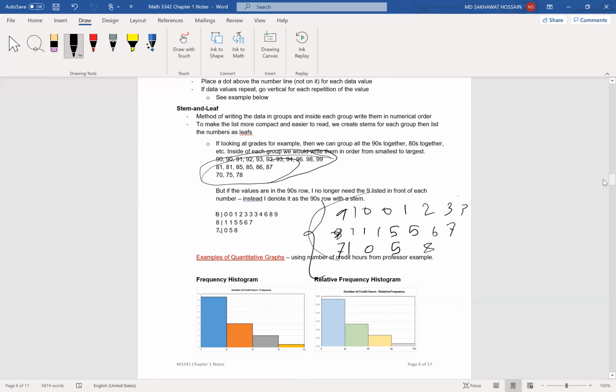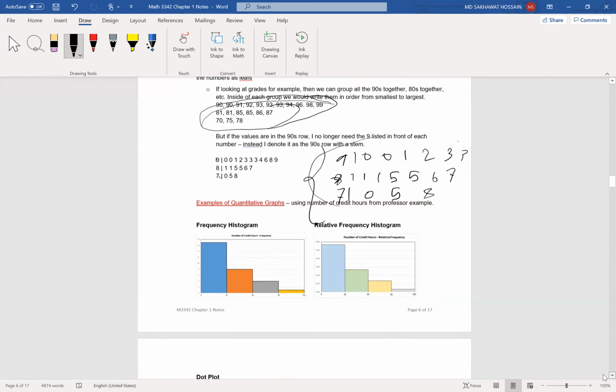From here, you can get that our data are 90, 90, 90, 91, 92, 93, 93, 93, 94. So this is one kind of representation of the data set, and from it you can have an idea about the data set.